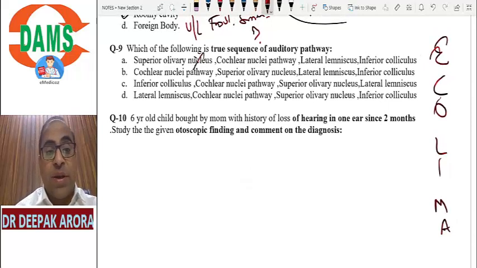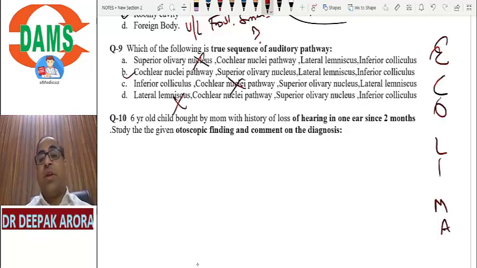The superior olivary complex is our third center, so it cannot be the first one. Cochlear nucleus, then superior olivary, then lateral lemniscus, then inferior colliculus. Option B is best. Inferior colliculus cannot be the first one, not at all. Lateral lemniscus is again one of the higher centers. So the answer in this MCQ is option B.